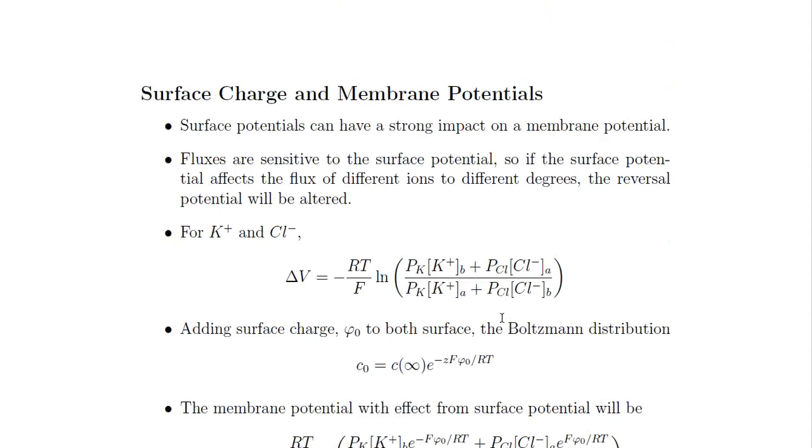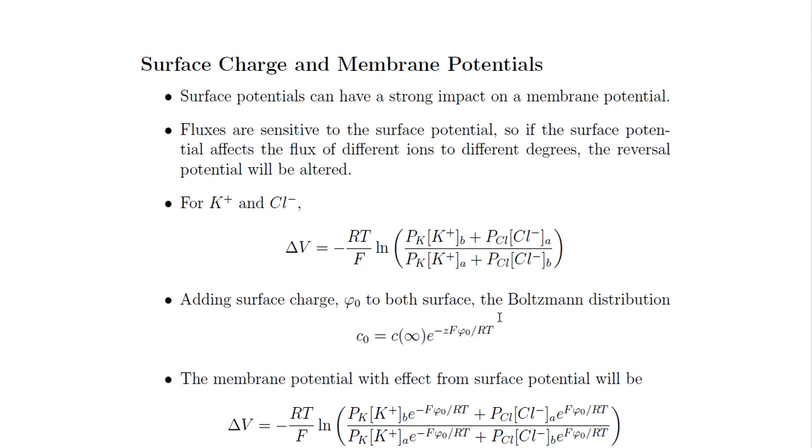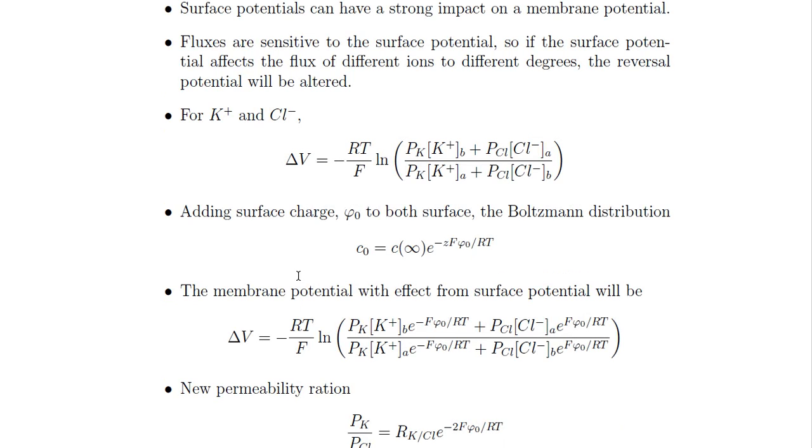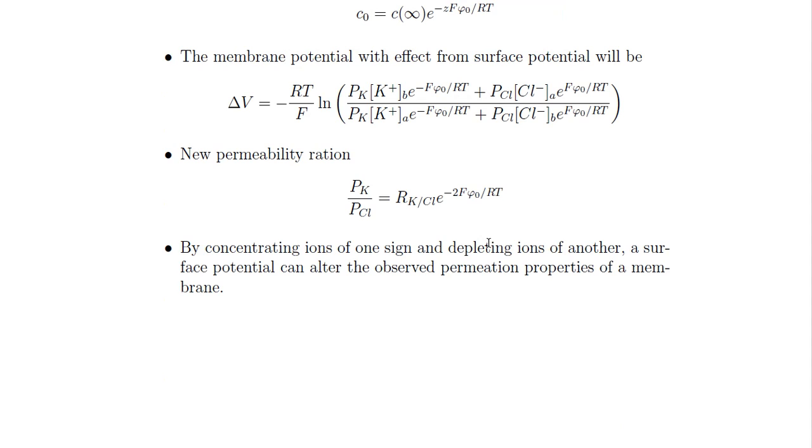Okay, so what we want to say is that when the membrane surface only accepts, let's say, only K+, then Cl- will be in the compartment, not near the membrane. So only K+ will pass through the membrane, and we have this ratio. So a surface potential can alter the observed permeation property of a membrane.